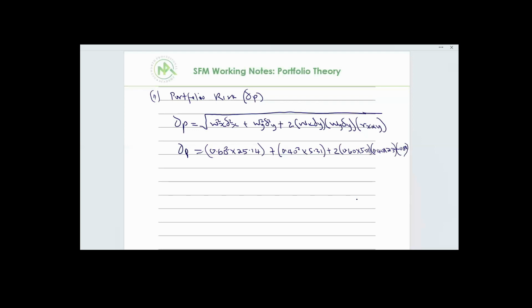All right then. Of course, we have to take the square root.